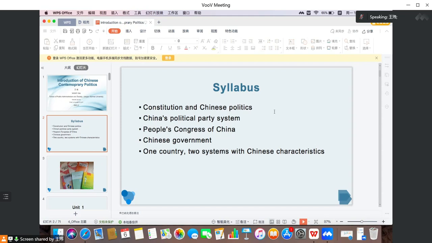Our Chinese Constitution tells us who is the state organ. Who is the highest state organ? And do you know who is the highest state organ in our China? Just now I have mentioned it.